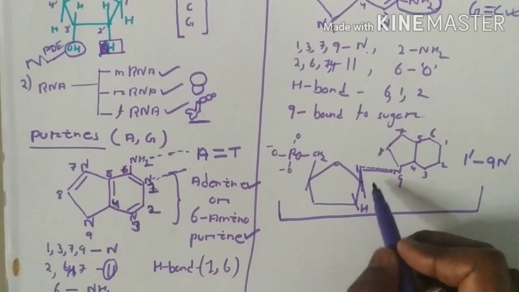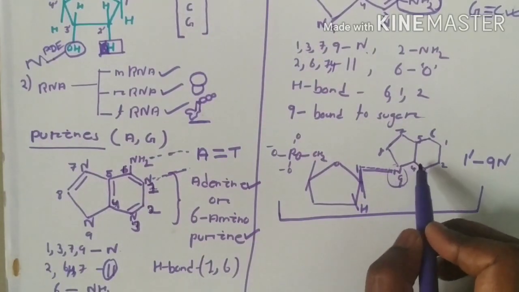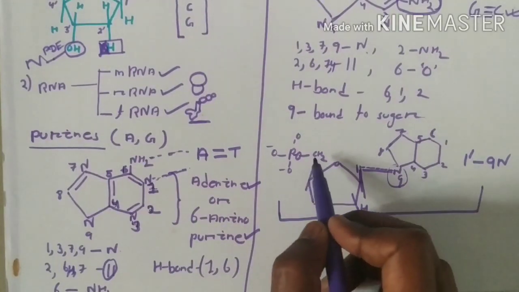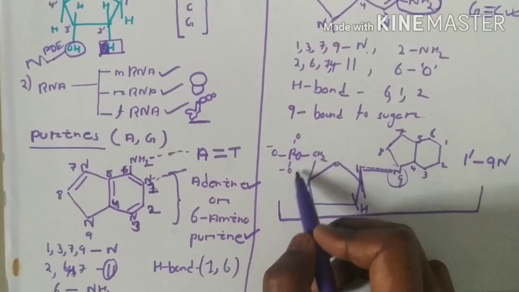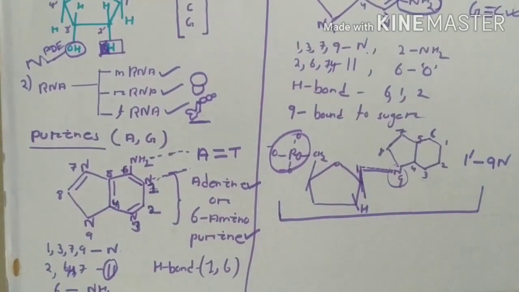That is, the position to which this bond is attached is N9 of the purine, and in the 5' end the phosphate group is present.